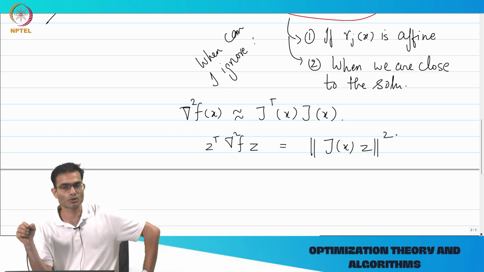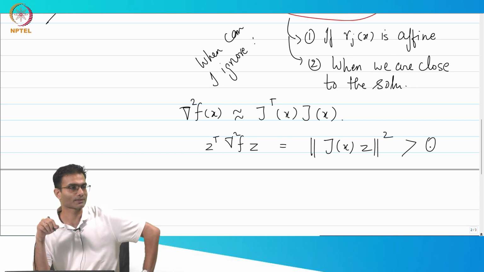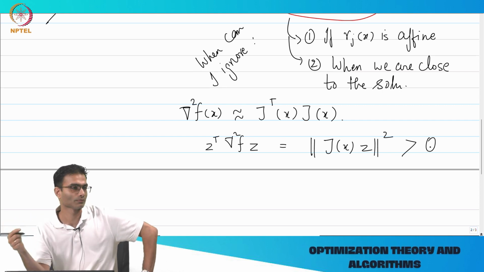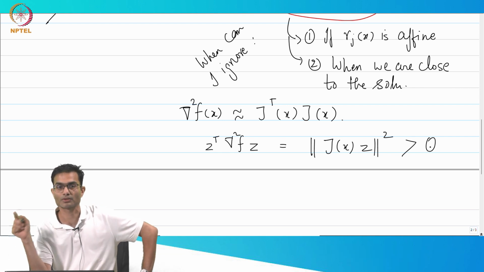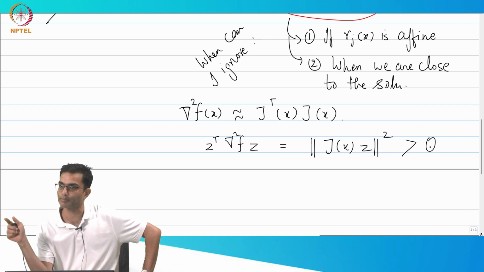If I want it to be positive definite, that means I want this to be greater than 0, and this will happen under what condition? J has to be full column rank. J cannot be any matrix. Then this expression will always be greater than 0 for non-zero Z. Remember, for positive definite, I have to consider all possible Z, but they have to be non-zero.